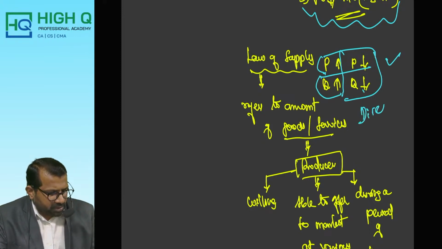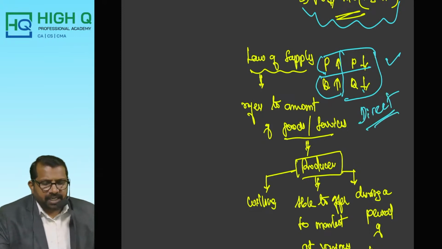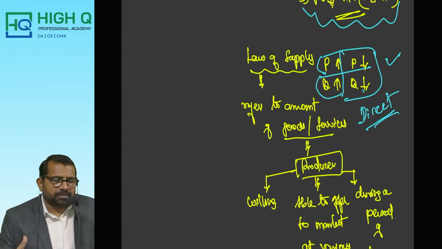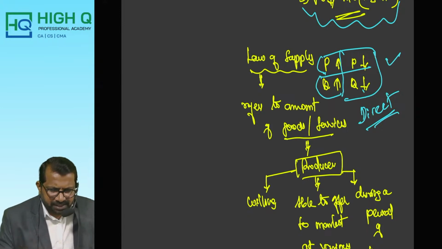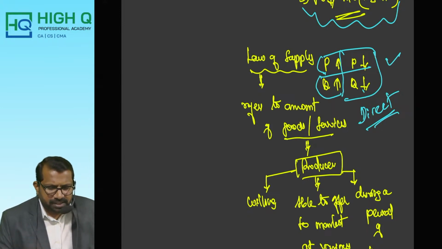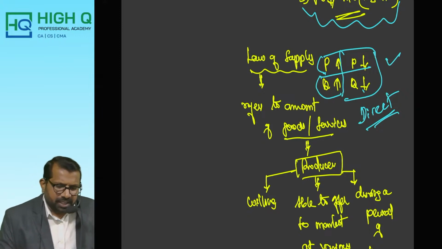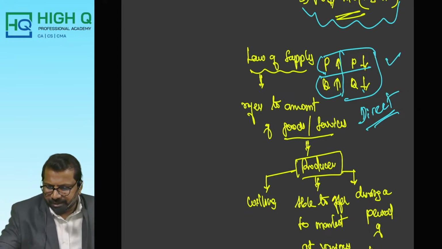Therefore, what type of relationship is this? A direct relationship. In the law of supply, direct relationship, but in the law of demand, inverse relationship. Price increases, demand decreases; price decreases, demand increases. Inverse relationship, but here direct relationship.